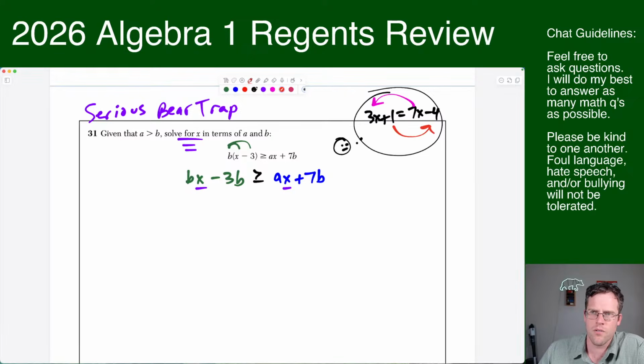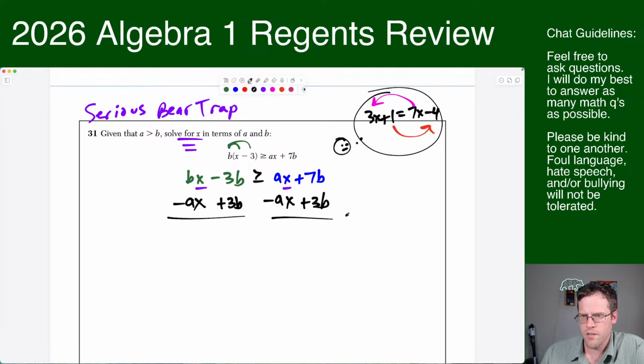That's kind of what I'm going to do here. I'm going to say minus ax on both sides and then plus 3b on both sides. So here these cancel, and we have bx minus ax is greater than or equal to 10b.